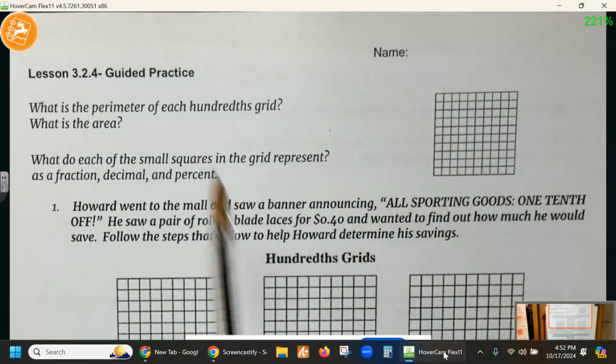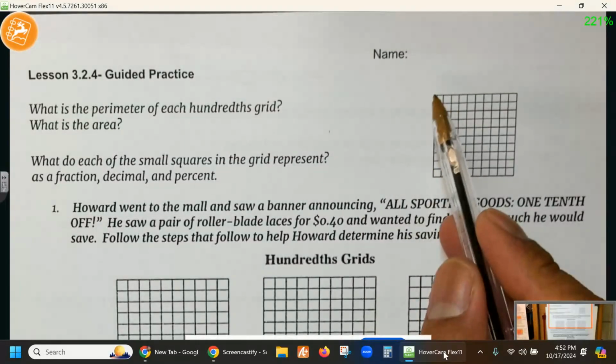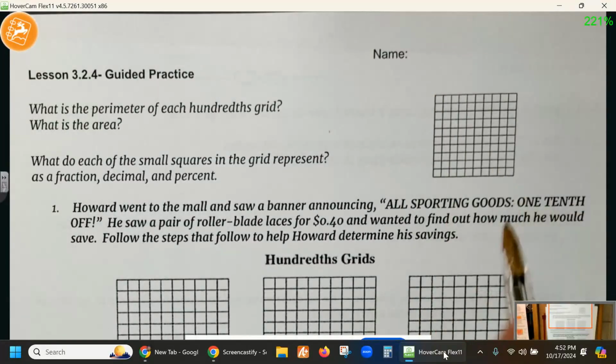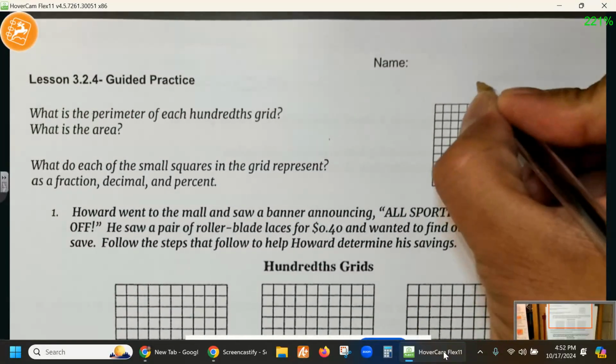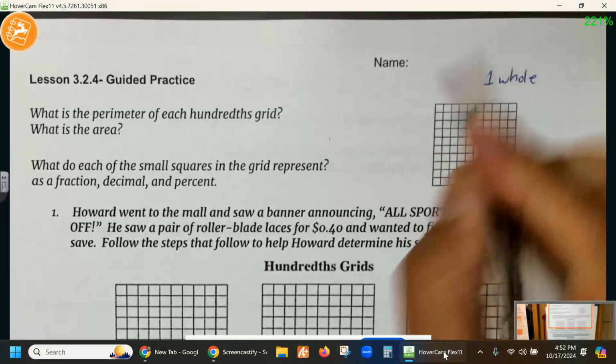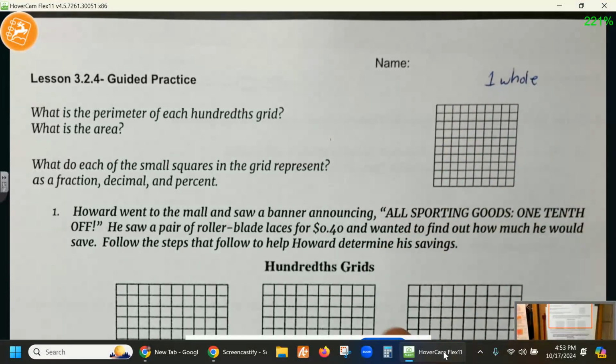Today we are talking about hundredths grid. So basically, this square right here is a square that's going to represent one whole. Okay, so that means that this is equal to the number 1.